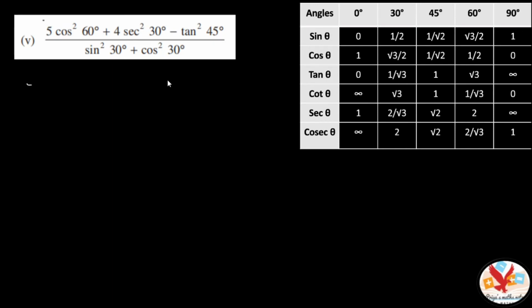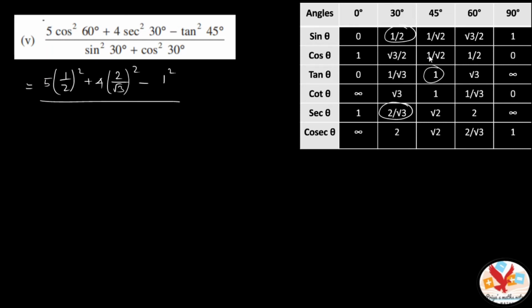Similarly, substitute the values. 5 into what is cos 60 degree? Cos 60 degree is 1 by 2. 1 by 2 the whole square plus 4 secant square 30 degree. What is secant 30 degree? It is 2 by root 3. 2 by root 3 the whole square minus what is tan 45? It is 1. Therefore 1 square by what is sine square 30 degree?